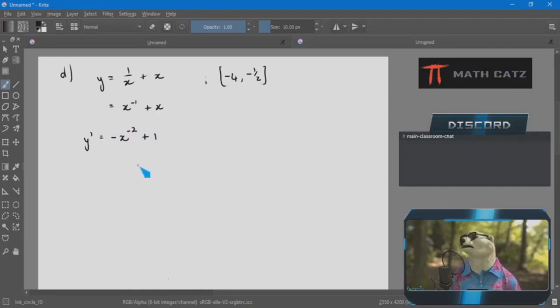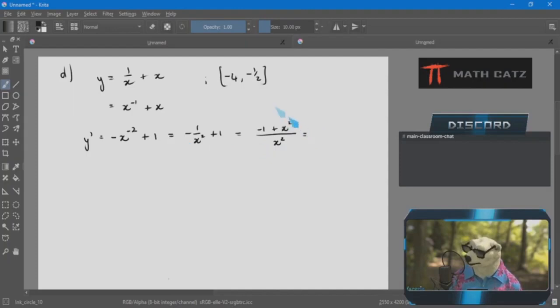Now in order for me to see clearly what the potential critical points are, I need to clean this up a little bit. So I'm going to write, let's do it all in one line, -1 over x squared plus 1, and then put everything over x squared, and I get -1 plus x squared, simplifying back to that.